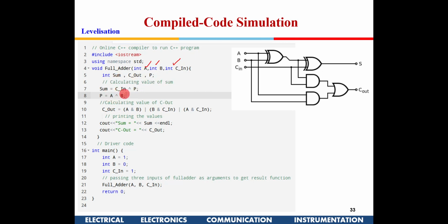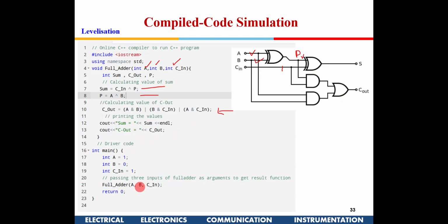Sum is carry in XOR of P, and I have defined P as a XOR of A and B. I have defined sum, I have defined P, and carry I have defined as A and B or B and C or C and A. So that also I have defined.